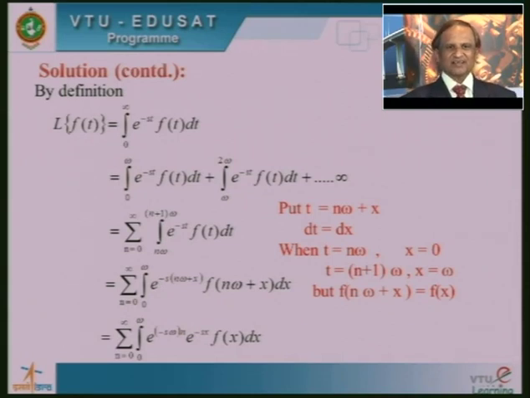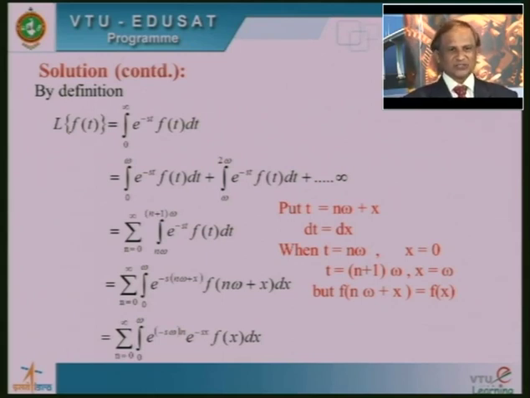Is it clear? I hope you can expect the next term. What is the next term? You can write the integral from 2 omega to 3 omega of e^(−st) f(t) dt, and so on, up to infinity. Now I am going to add all the terms: the first term plus the second term, the third term, and so on.